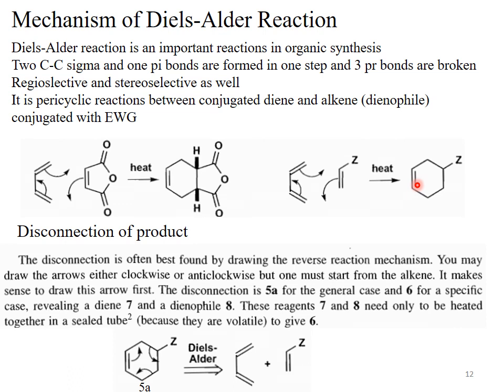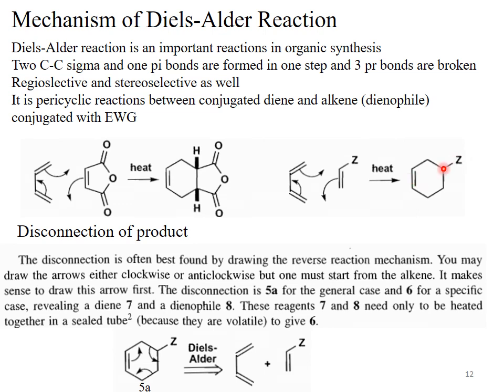And then, see over here, this pi bond will move over here, and this sigma bond will move over here, and this sigma bond will move over here. Double headed arrow, two lines arrow, not double headed, two lines arrow. Then we have this diene, and this is the dienophile.